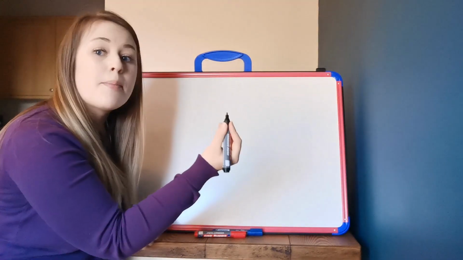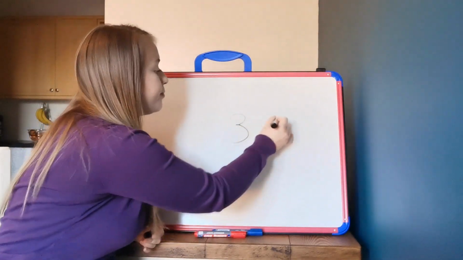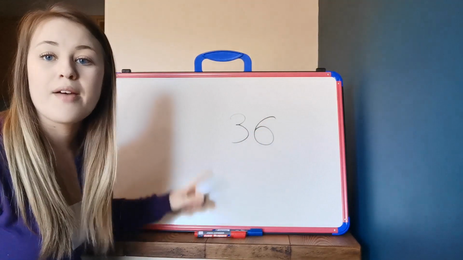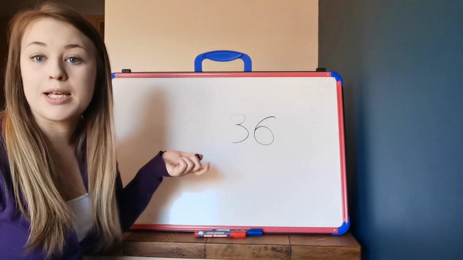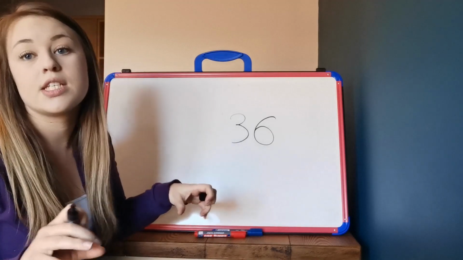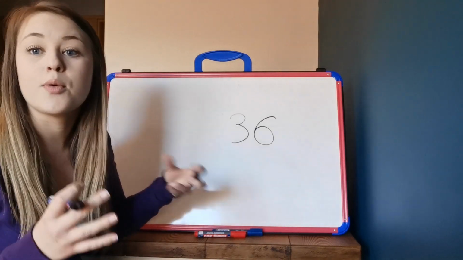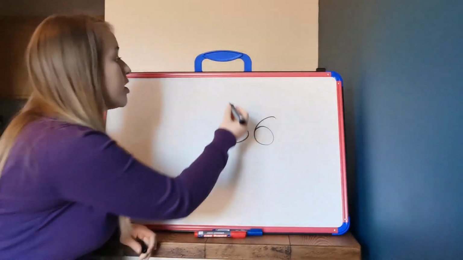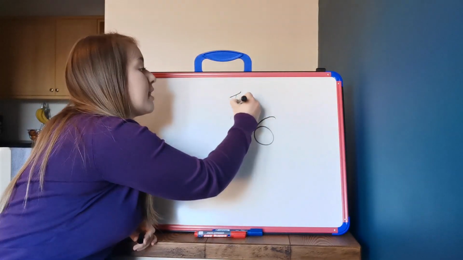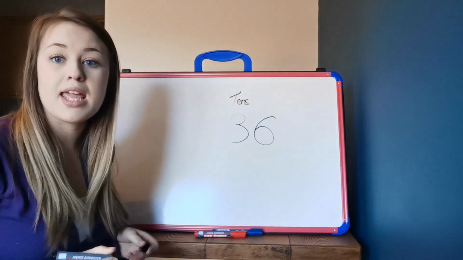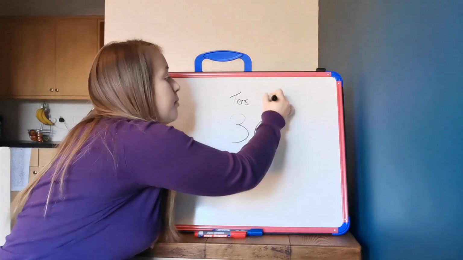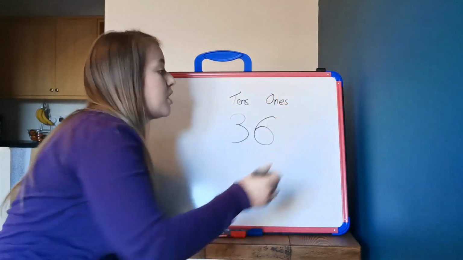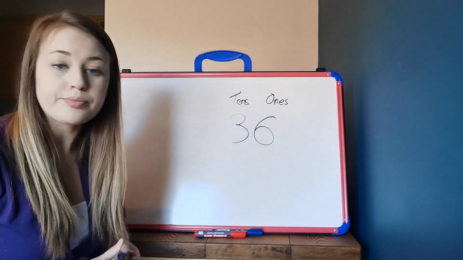So, in a number such as 36, this number will have a certain amount of tens and a certain amount of ones. Now, when you're doing basic place value, it's all about partitioning and separating to find the value of each digit in that number. So it's really important that they understand that this will always be the tens number in a 2-digit number, and that this section here will always be the ones digit.